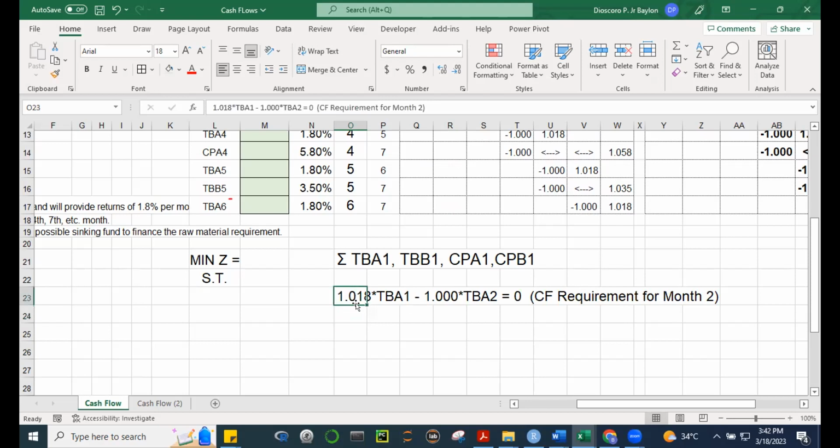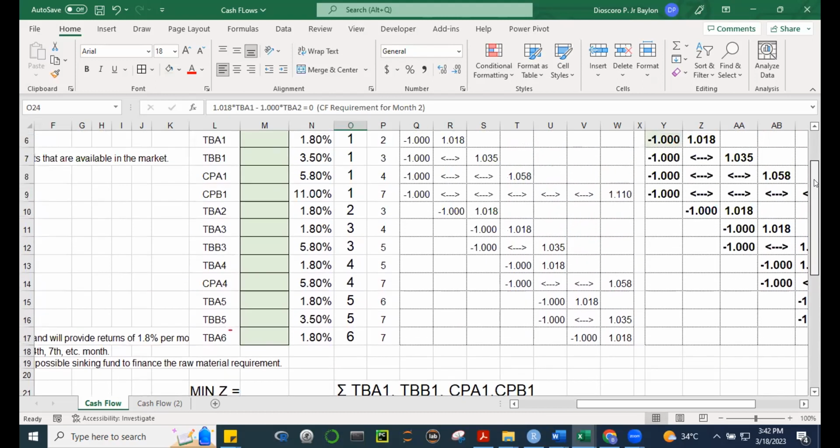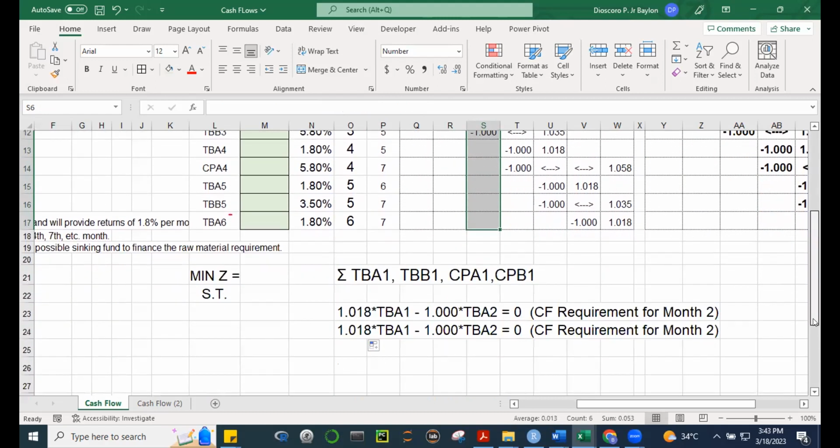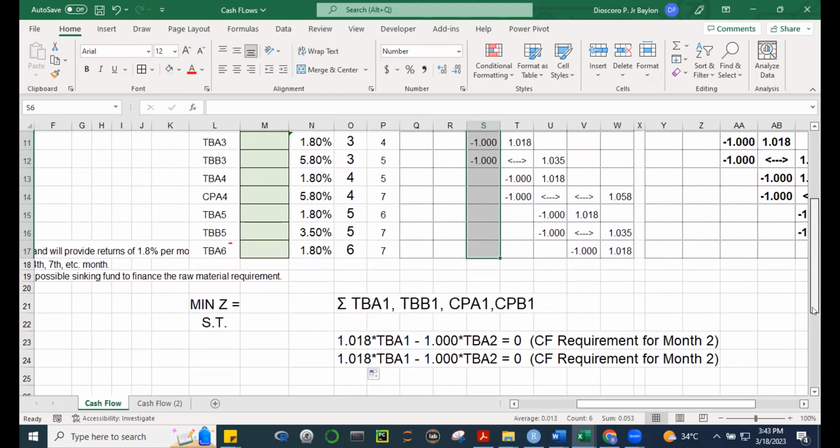How about for month 3? This is where the table will really be helpful. You don't have to think. If we did this properly, we know what are the inflows and outflows. That's why we invested time in doing this, because it will help us plot our constraint for our linear program.